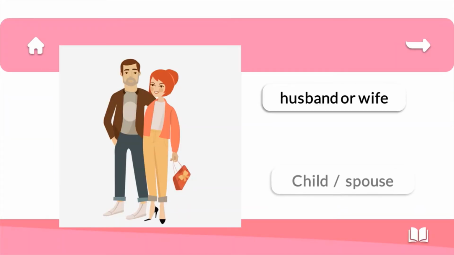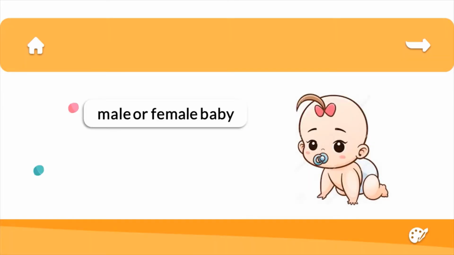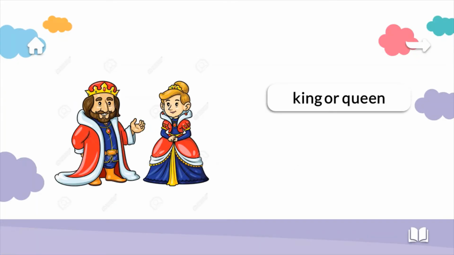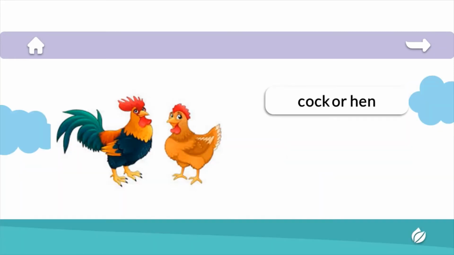Husband or wife, spouse. Male or female baby, infant. King or queen, ruler. Goose, gander. Cock or hen, fowl.